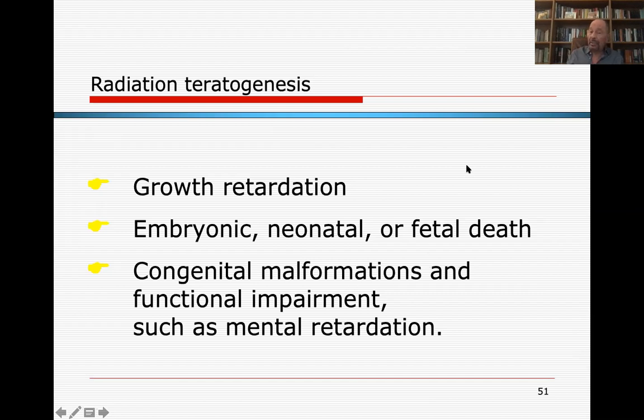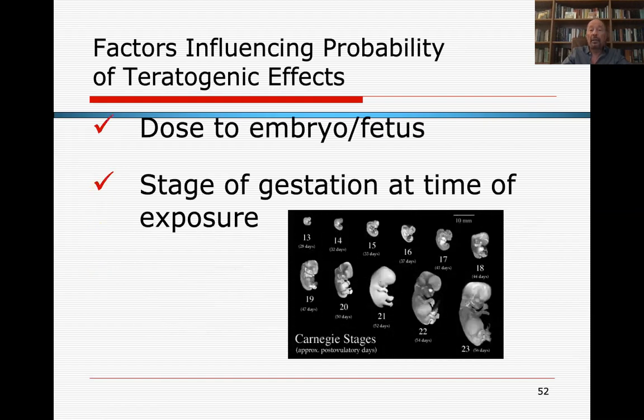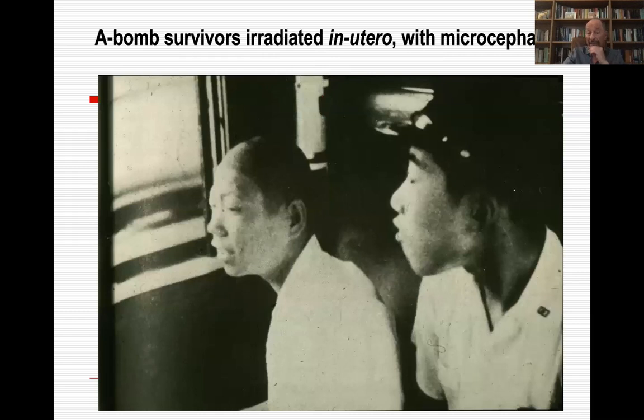Finally, the very last case, as I told you from the beginning, is teratogenesis. We have already seen it from the point of view of deterministic effects, but growth retardation, embryonic, neonatal, or fetal death, congenital malformation and functional impairment such as mental retardation are also included in the stochastic effects. We have seen already that it strictly depends on the stage of gestation at the time of exposure, and this has been seen very severely in Hiroshima and Nagasaki.